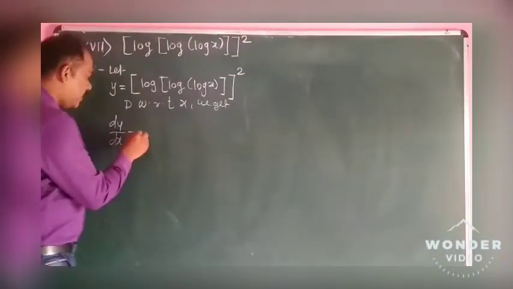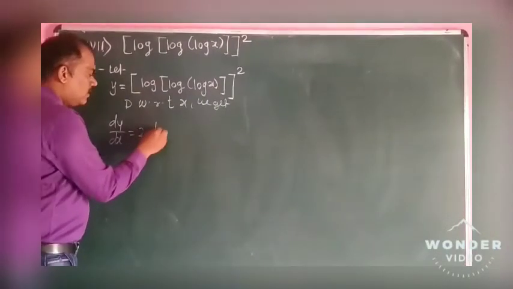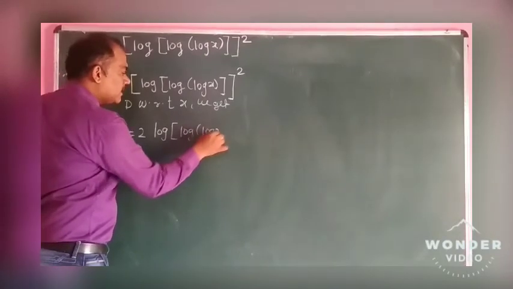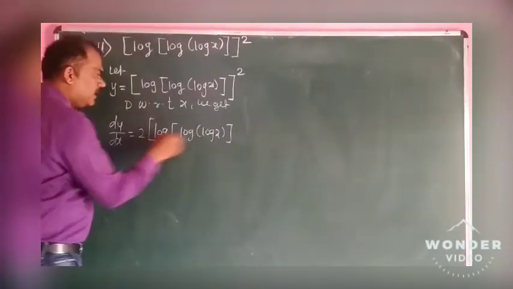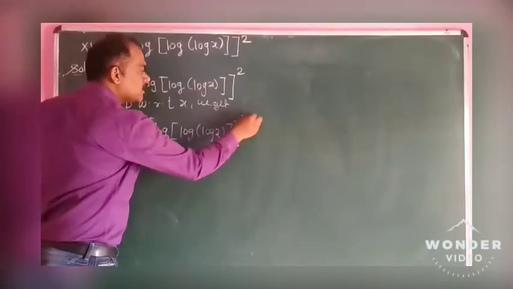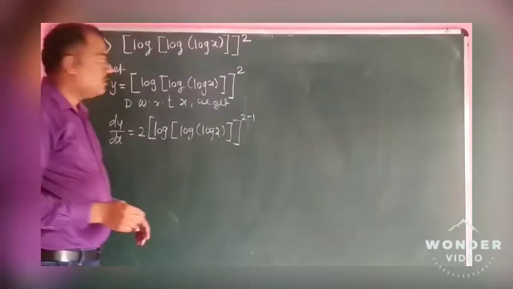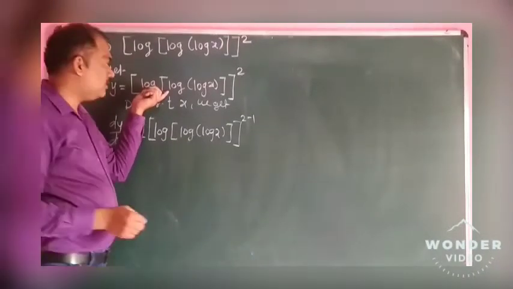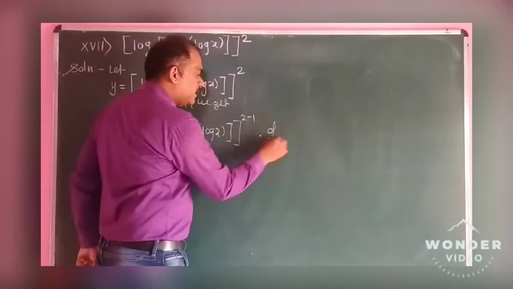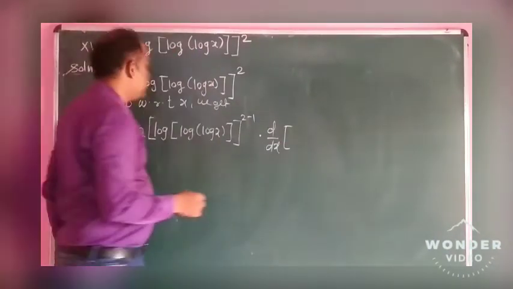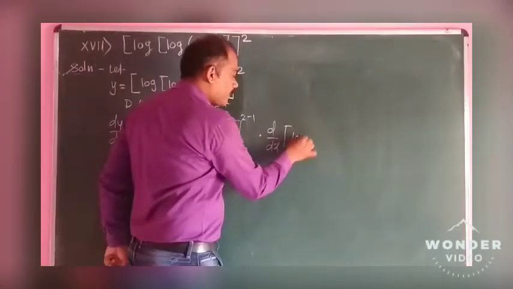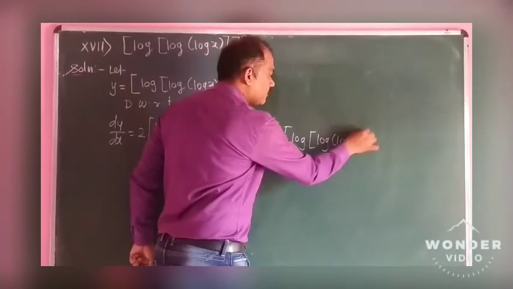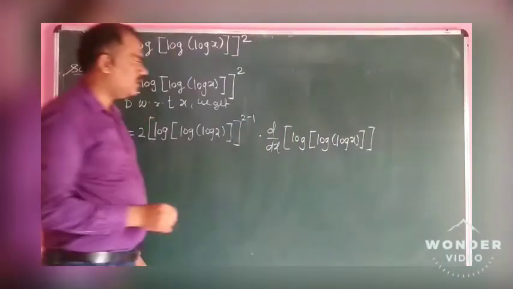We take this power as it is, 2 into log x, bracket raised to 2 minus 1, that is 1, into, now we have to take the derivative of this base, that is log x, that is into d dx of log x. See, all brackets are completed.